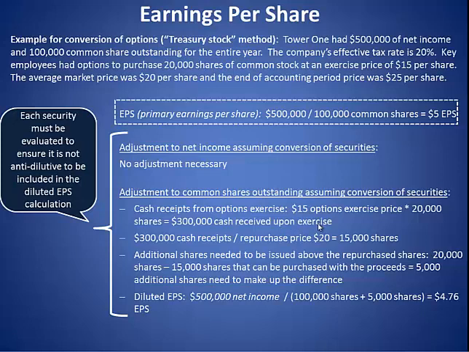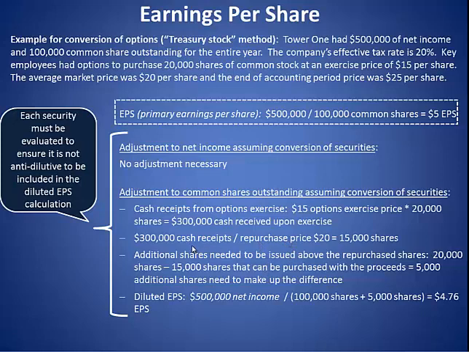Okay, so what happens is we take that $300,000 worth of cash receipts, and now we estimate if we, during the year, went out on the open market and purchased those shares in order to fulfill that obligation of conveying those 20,000 shares to the employees, how many shares could we purchase?